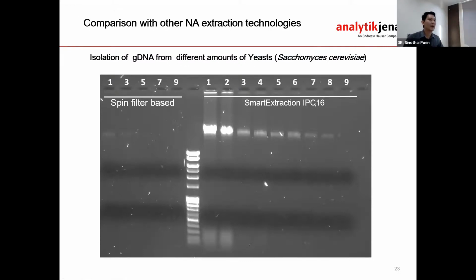Also, we compare smart extraction and spin filter-based technology on extraction of yeast DNA from yeast samples. And we found that smart extraction gives a higher yield as well, as shown here on agarose gel.